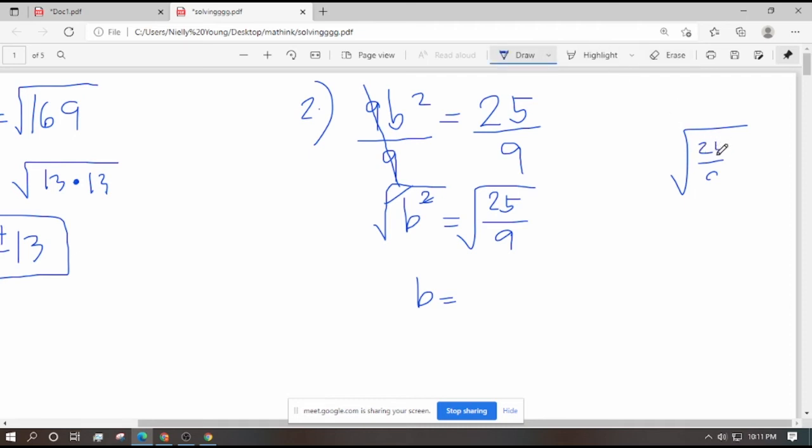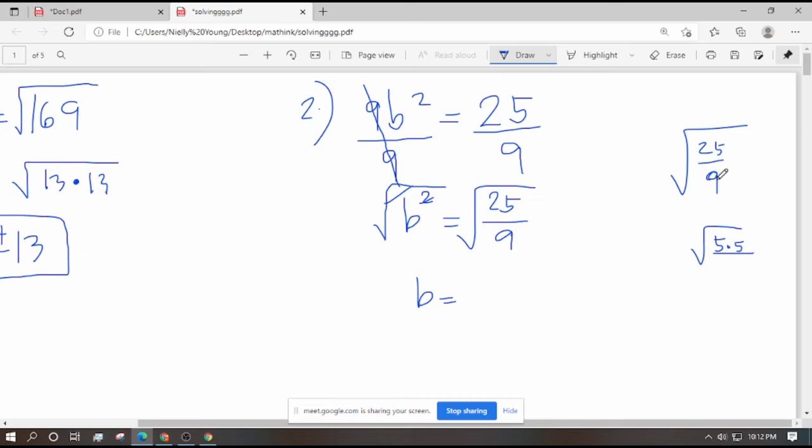So, when we say square root of 25 and 9, again, it is the same number that you multiply to get 25. Okay? So, you can multiply 5 times 5, right? You will get 25.